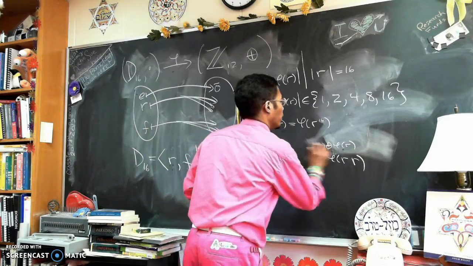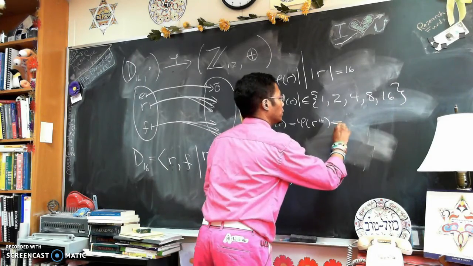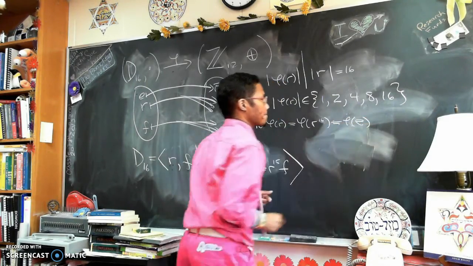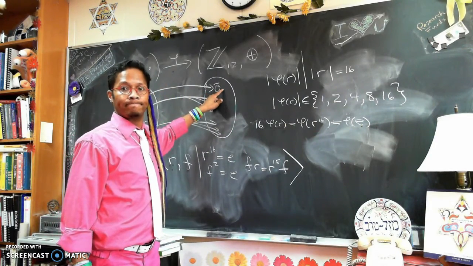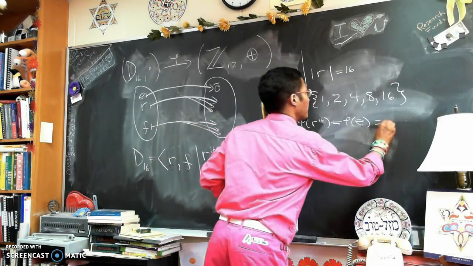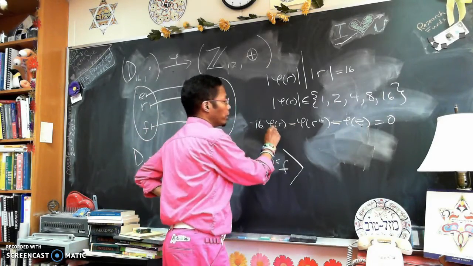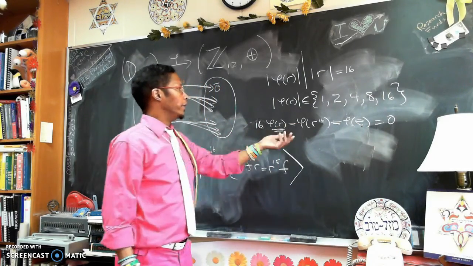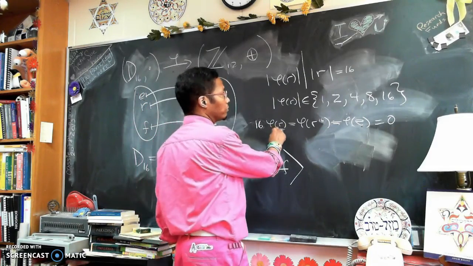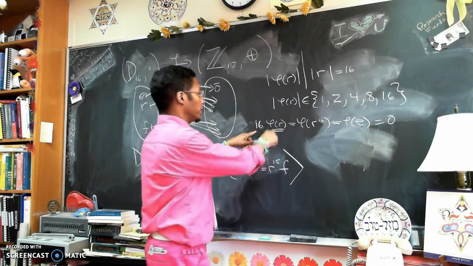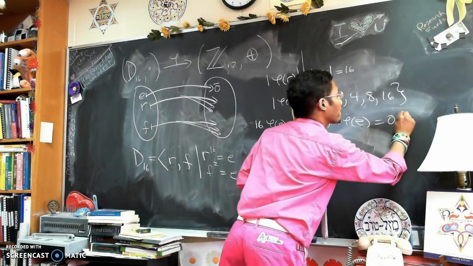So here we have R to the 16th, which is just the identity. So this is phi of E. But E in D16 is mapped to 0 bar in Z12. So this is 0. So now we have this equation: 16 times something equals 0. What are the possible things here that can equal 0? There are multiple ways to approach this. We can literally go through all 12 elements and say 16 times 0, that's 0. Remember, this is mod 12.